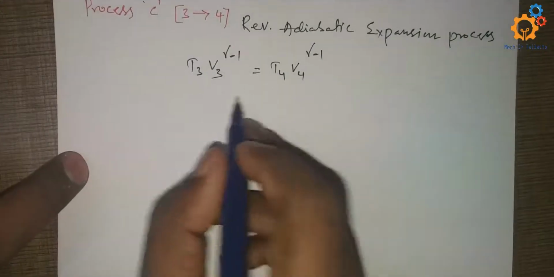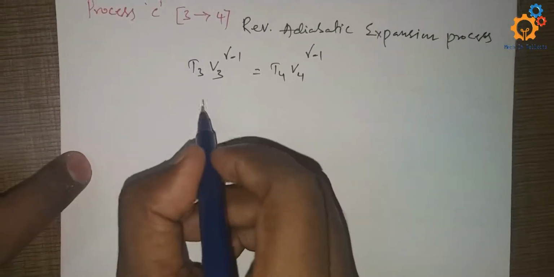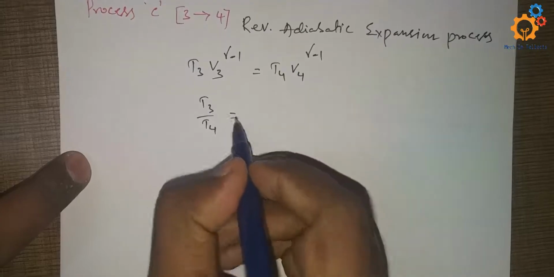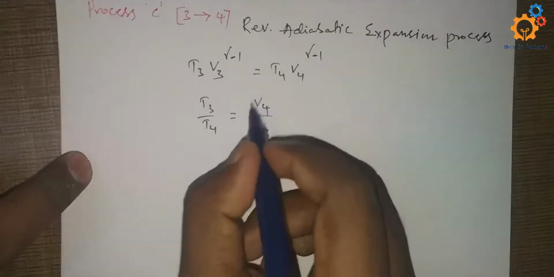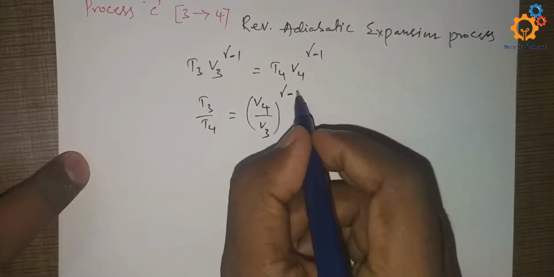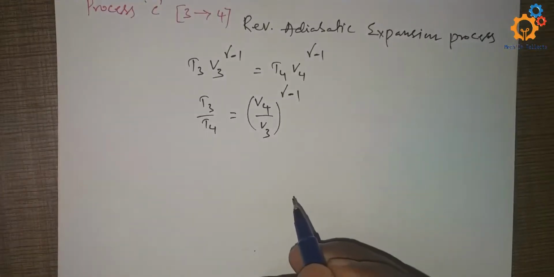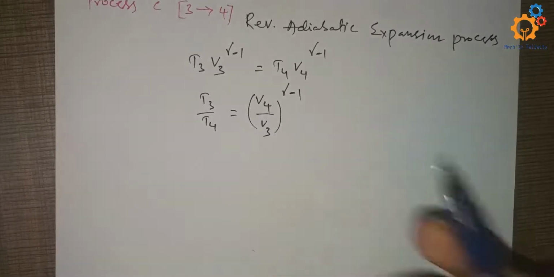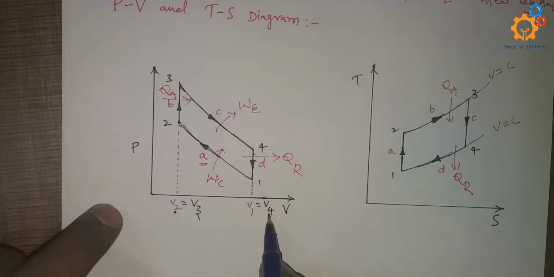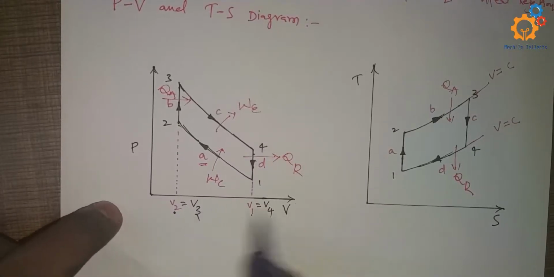So from this, T3 by T4 can be written as V4 by V3 whole power gamma minus 1. What is V4 by V3? V4 by V3 can be taken as the compression ratio, volume before compression by volume after compression.